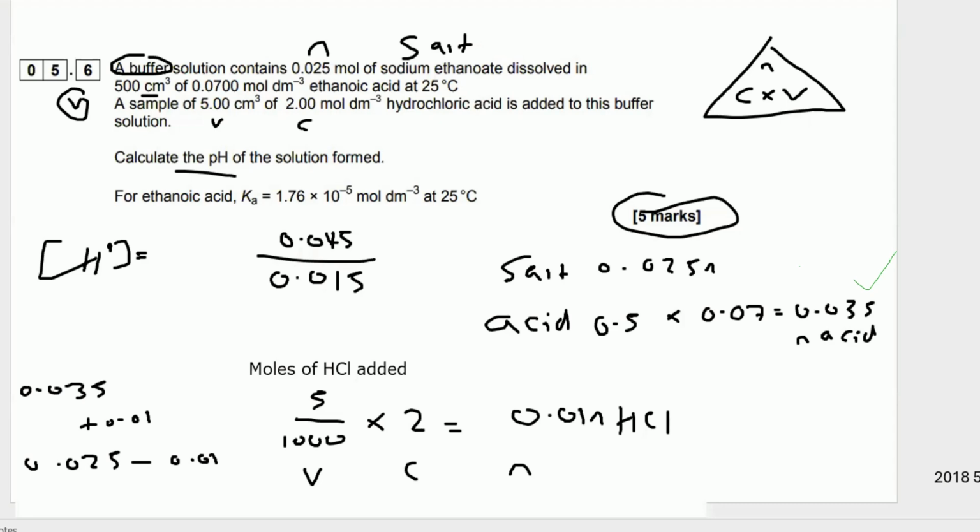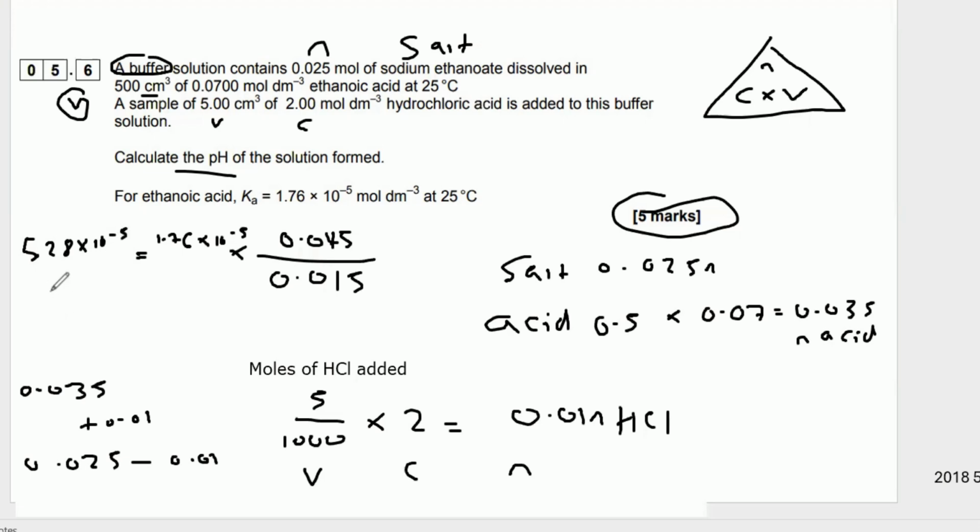My Ka is given to us in the question, 1.76 times 10 to the minus 5. I multiply that, and that gives me my hydrogen ion concentration, which turns out to be 5.28 times 10 to the minus 5.